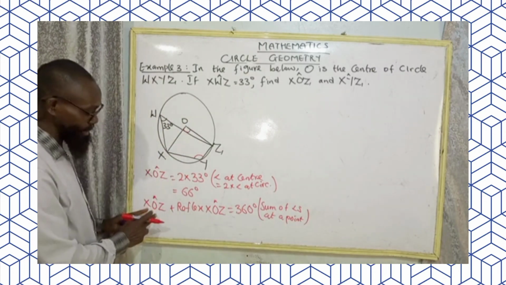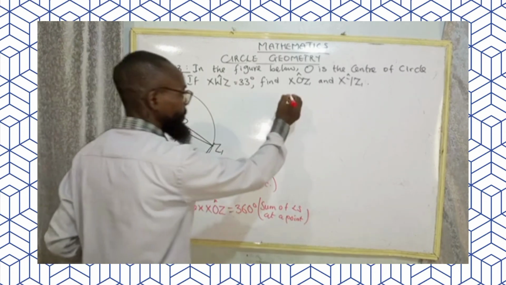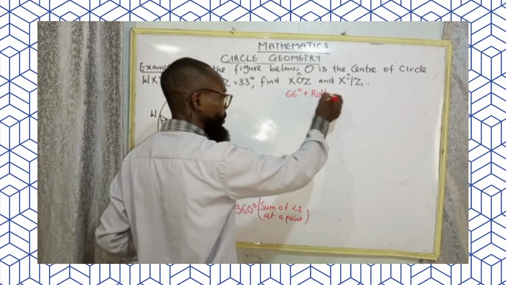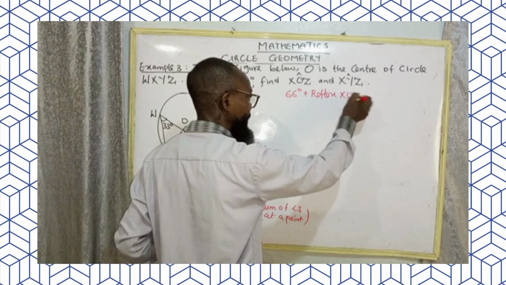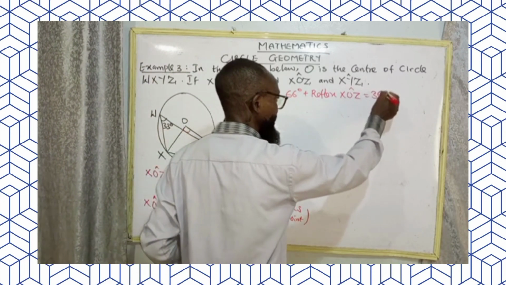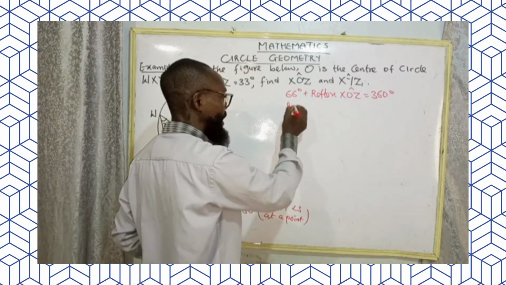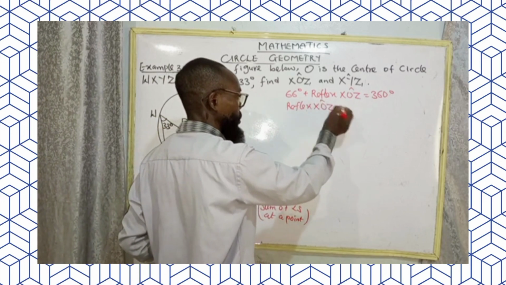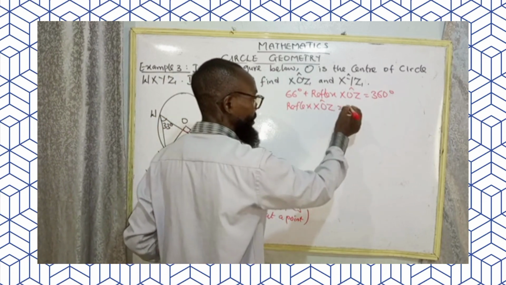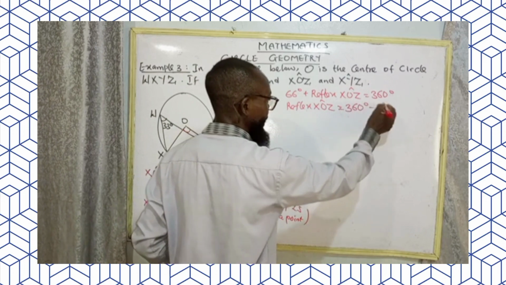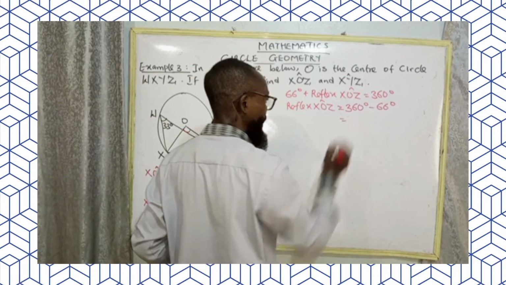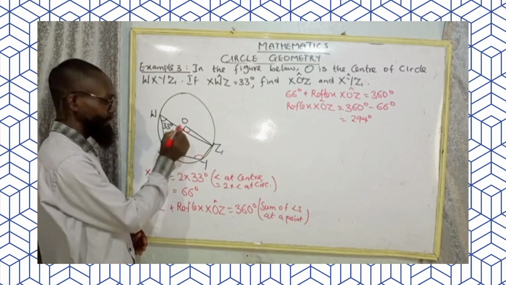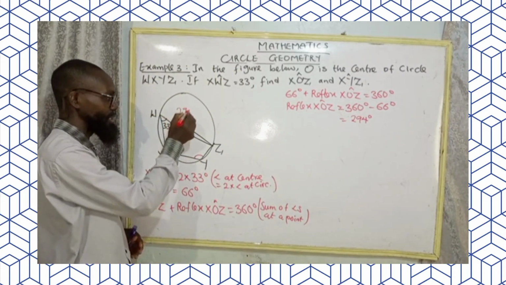So angle XOZ that we got is 66 degrees, plus reflex XOZ equals 360 degrees. Our reflex XOZ, we take this one here, 360 degrees minus 66 degrees. So what do we have? 294 degrees. So this angle here now is 294 degrees.